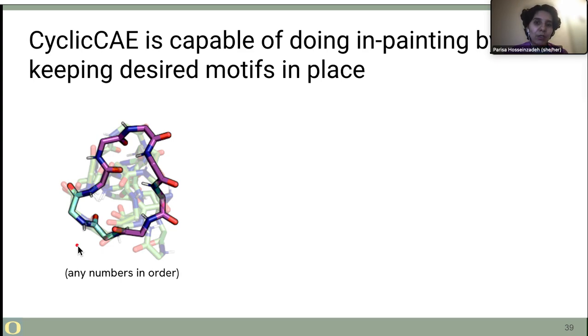We then wanted to know if we can do inpainting. Inpainting means generating the rest of a cyclic peptide structure around a fixed motif, which we call the anchor, which ensures that it preserves the portion that stays exactly where you want it.